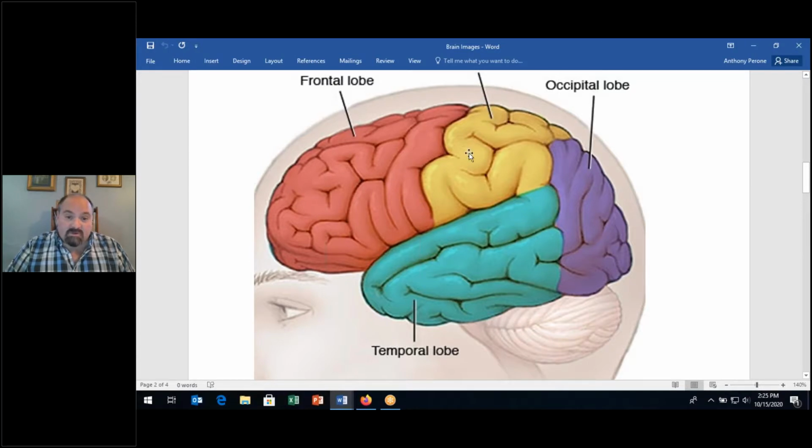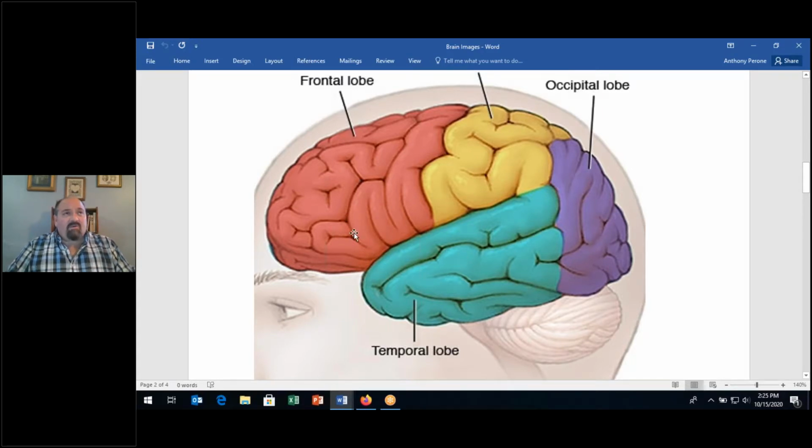This would be the sensory cortex for taking information and processing it. And again, sensory information comes to the thalamus, passes through, and then goes to the cortex. The occipital lobe we talked about for vision. We talked about here for sense of hearing. We also have sense of taste in through this area.